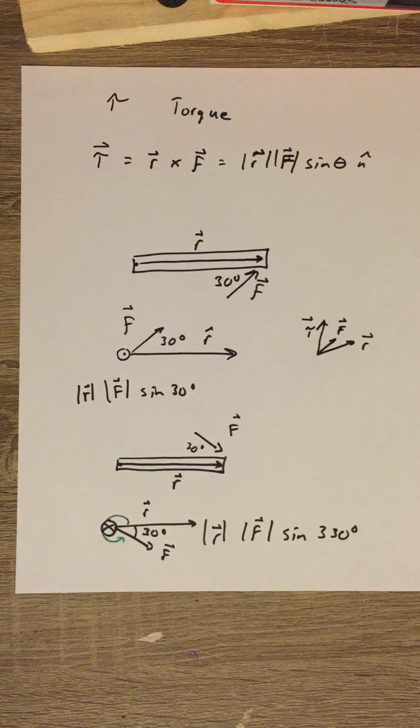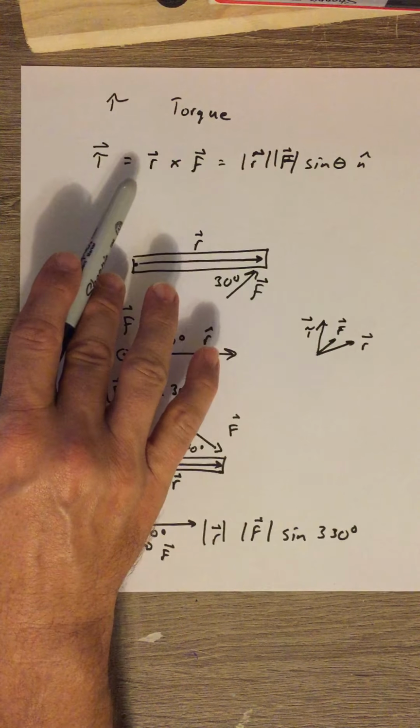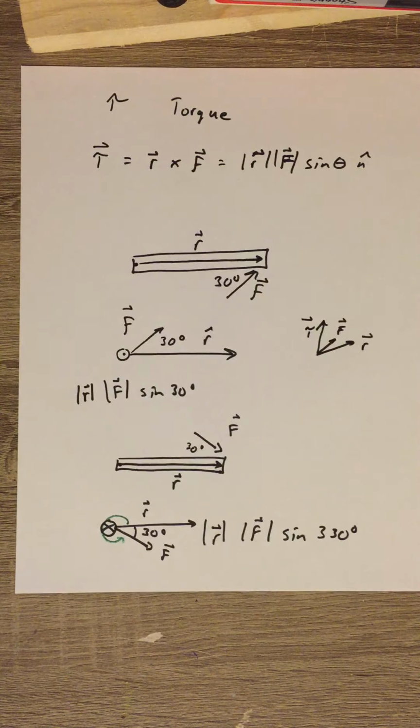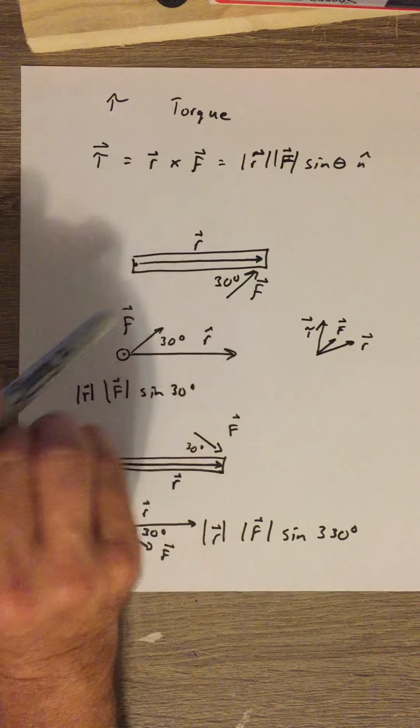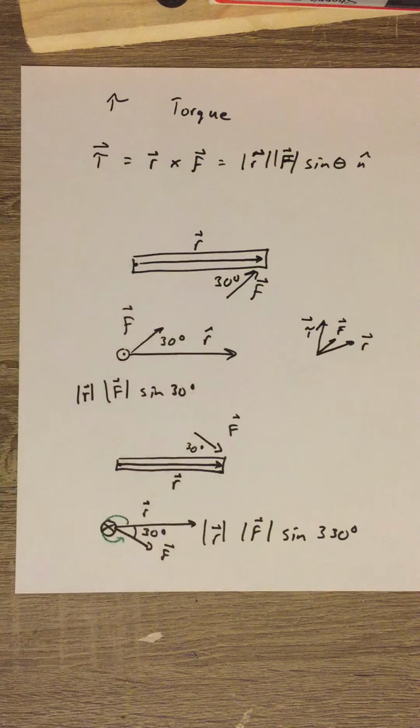To do that, I'm going to remind you what the dot product does, the other way we multiply vectors. The dot product serves to pick off parallel components. If I formed R dot F, that would tell you how much of R was in the direction of F, or alternatively, how much of F is in the direction of R. It picks off parallel components.